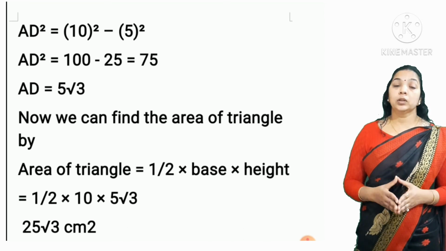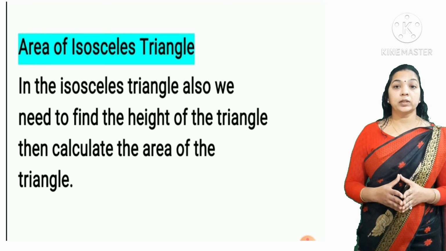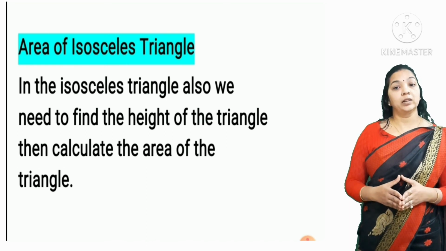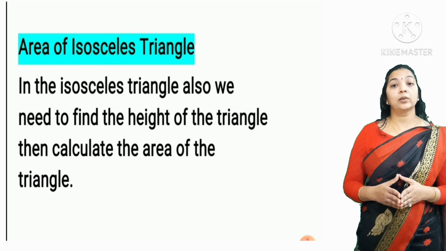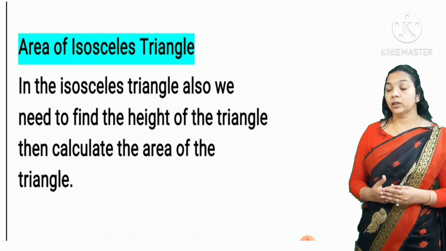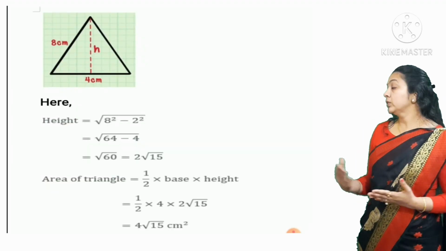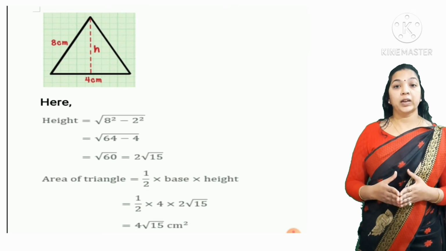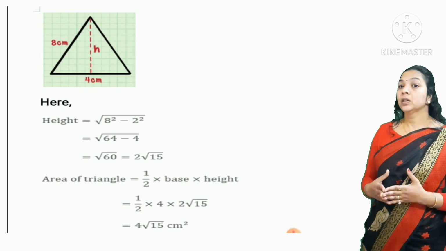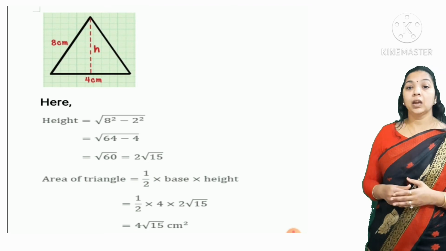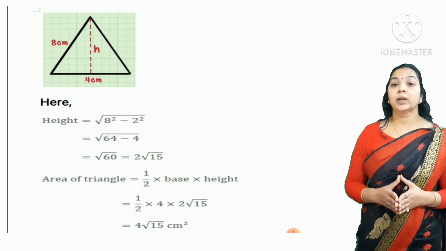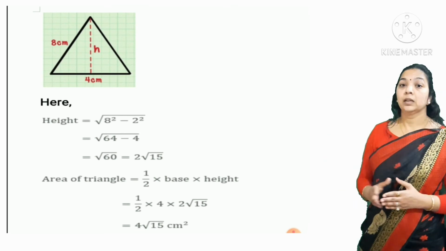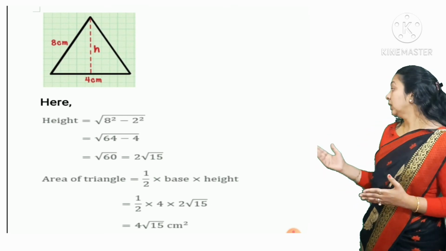Now the third one is the area of an isosceles triangle. In the isosceles triangle also we need to find the height of the triangle, then calculate the area. You can see that the isosceles triangle is given to you. That means two sides of the given triangle are equal. Here to calculate the height we will again use the Pythagoras theorem, that is under root 8 square minus 2 square, that is 64 minus 4, that is under root 60.